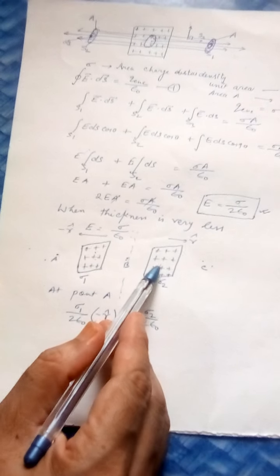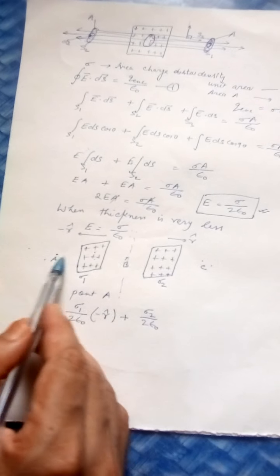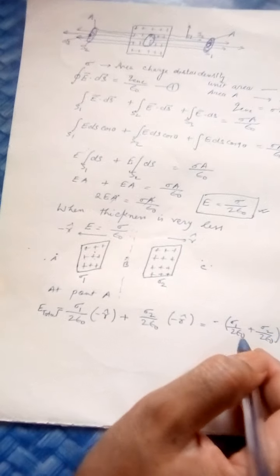Sigma 2 by 2 epsilon naught, and this point is on the left side, so we take minus r cap. So this is the total electric field. Taking minus r cap common, it will be minus of sigma 1 by 2 epsilon naught plus sigma 2 by 2 epsilon naught into r cap.